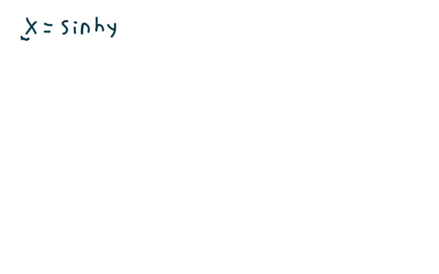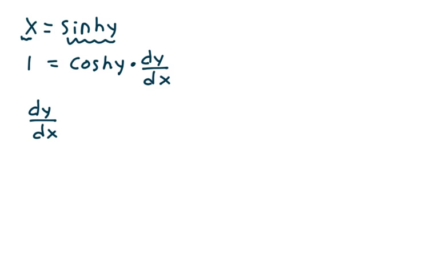So the derivative of x is 1. The derivative of the hyperbolic sine of y is hyperbolic cosine of y times, by the chain rule, dy dx. But if I solve for dy dx, I get 1 over hyperbolic cosine of y.